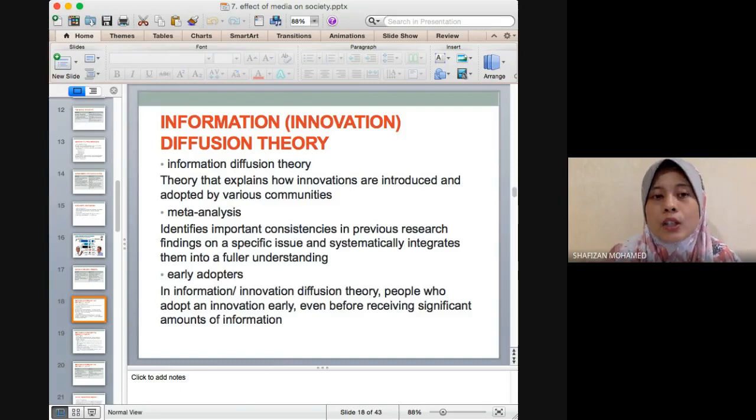When they first introduce TikTok, not everyone will be on TikTok. Who would be the first one to adopt? Usually when it comes to entertainment-based applications, it will be the teenagers. So in this sense, the teenagers are the early adopters of TikTok.